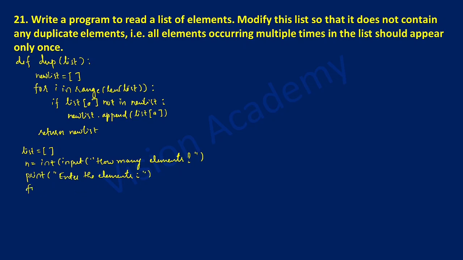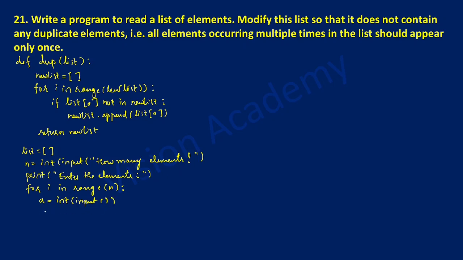Now we'll use iterative statement for i in range of this n and put colon as per the syntax of iterative statement. Now with the indentation I'm going to take a variable a is equal to, it is of type integer, and I'll take input and then close this bracket.